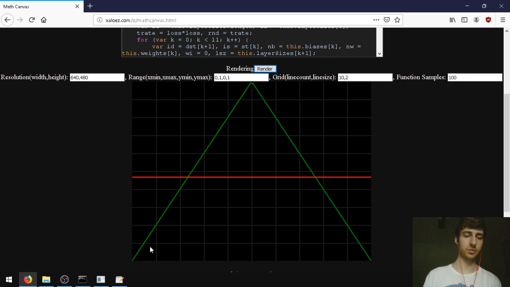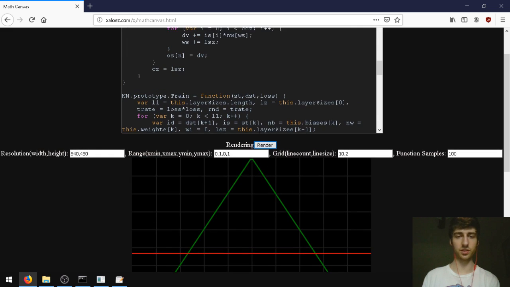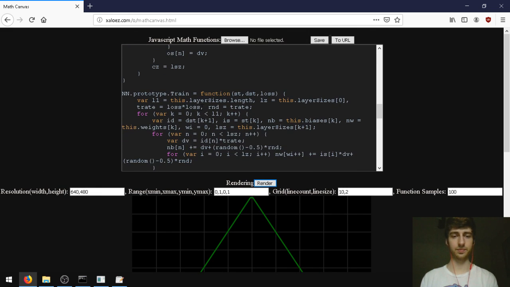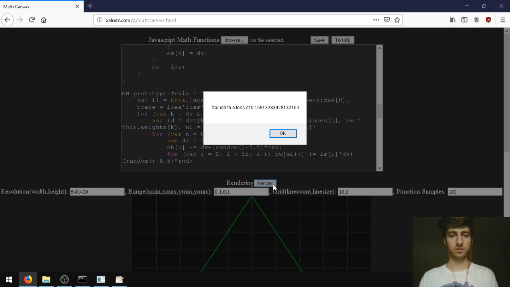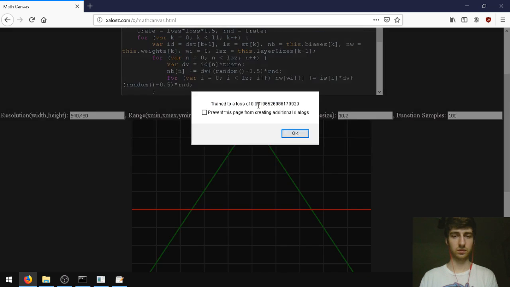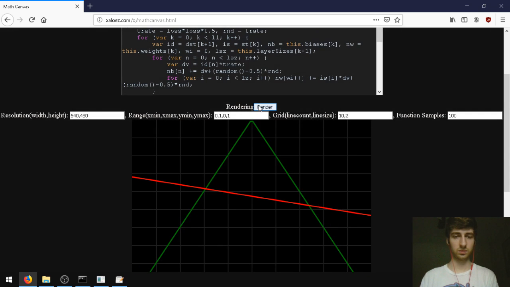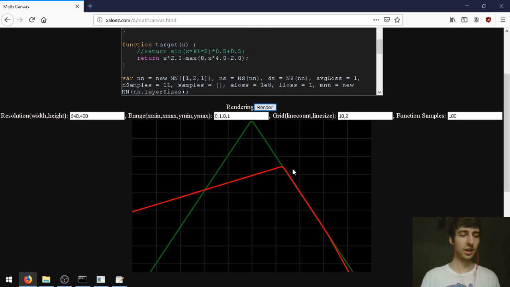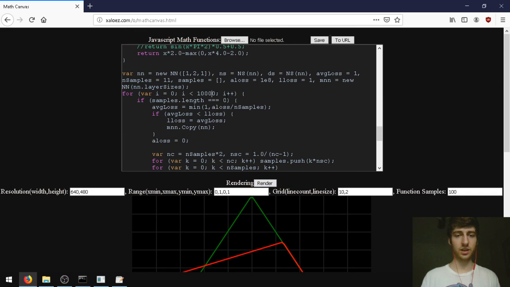Basically, though, I'm trying to get the neural network, which is this red line, to match up with this green line, which is the triangle wave target. And right now, I can get it to match up if I set this to like 1,000,000.